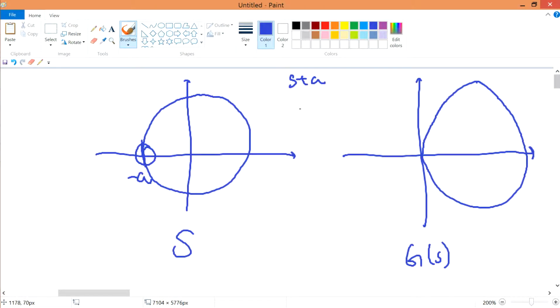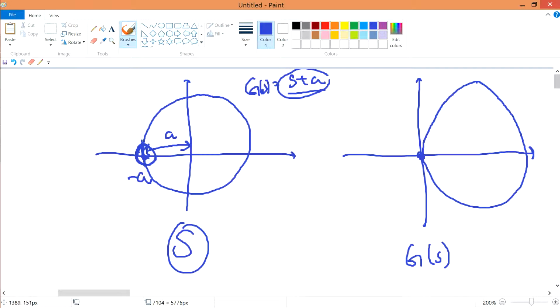We know from the past videos the zeros, for example, the transfer function G of S is equal to S plus A, and in the S domain we have this plot over here, this contour, while the zero is plotted over here, at minus A. If you translate in the A direction, you're bringing this point to here.